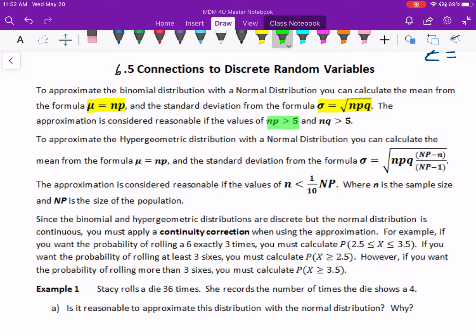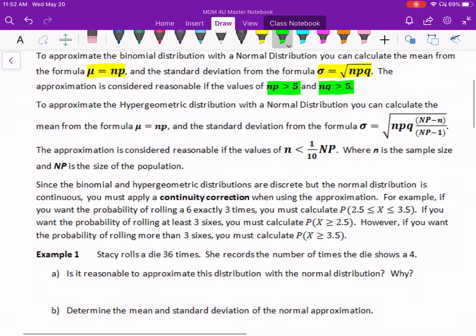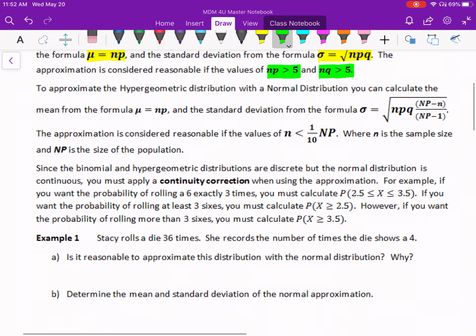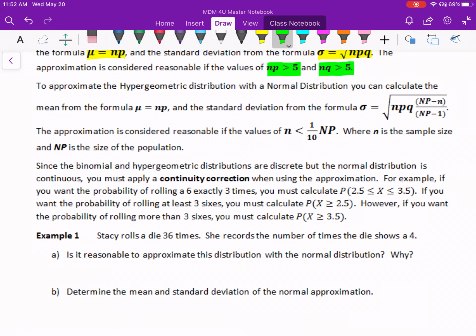If n times p, population size times probability of the event occurring, is greater than 5, then that's one thing we have to check off. If n times q, population times probability of failure, is also greater than 5, that's the other box we have to check off. So these two things I've highlighted in green are things that we check before we can do it. So they're rules or checks that we have to make sure that we've balanced.